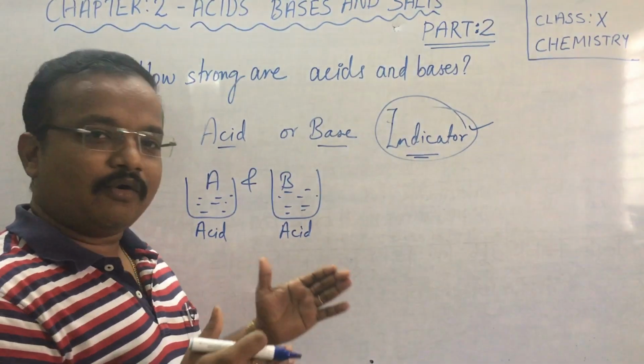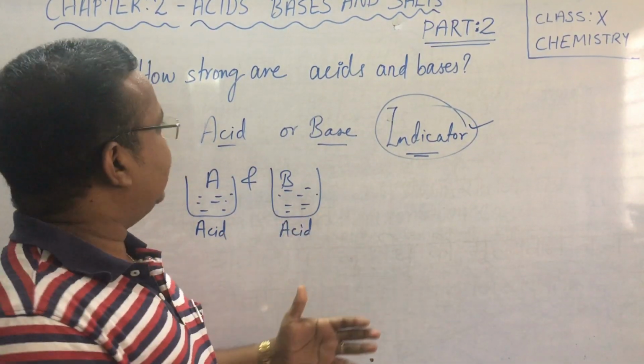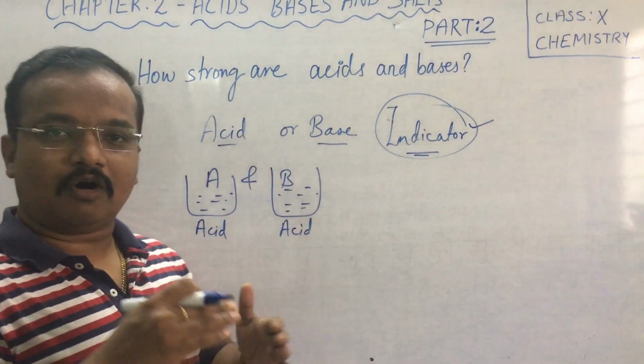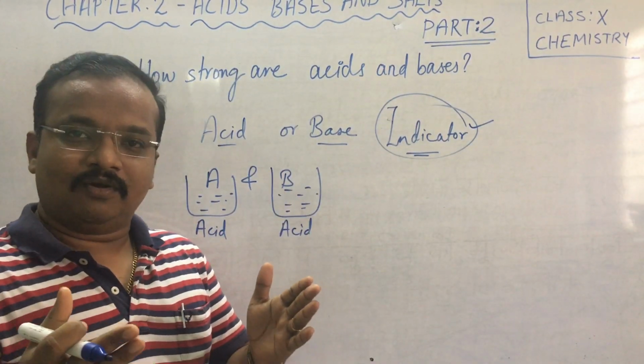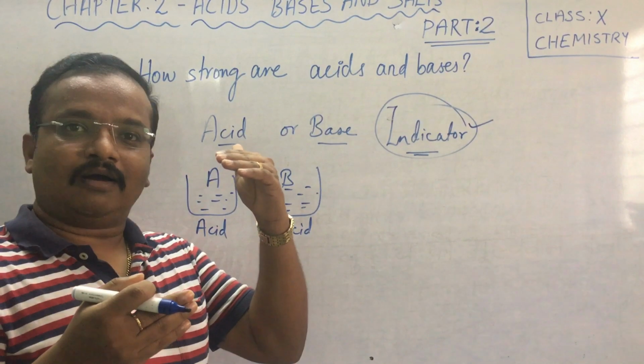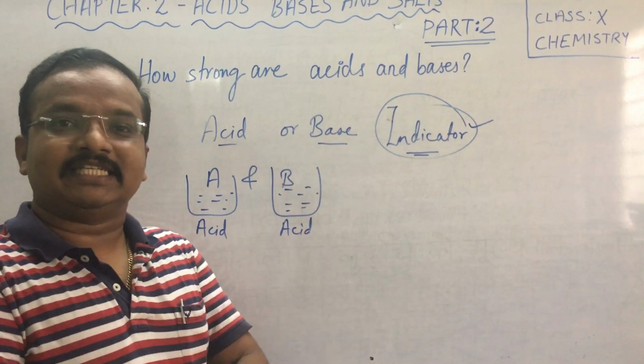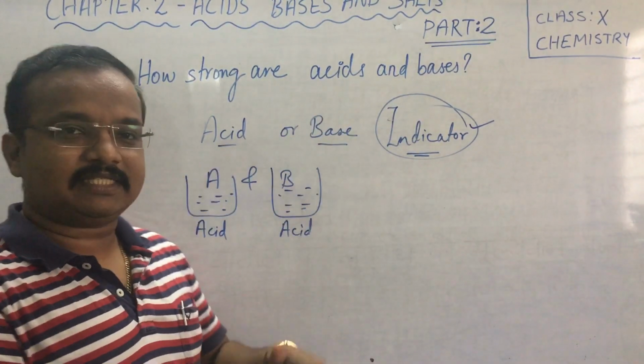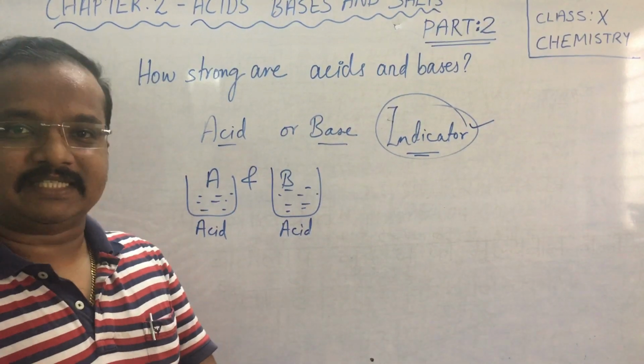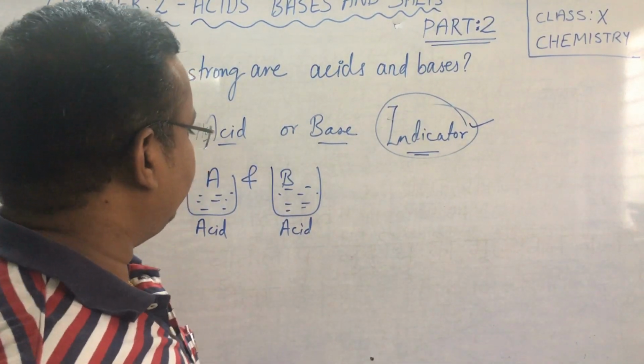Now, how can we say how strong or which is a better acid, or how can we measure the acidity, or even if it is a base, how can we find its basicity? So let us look into that.